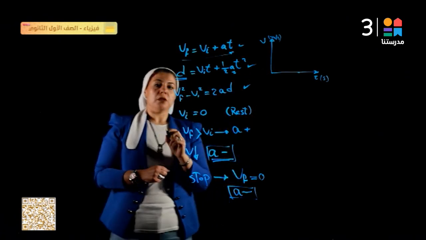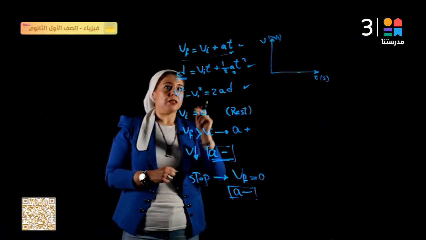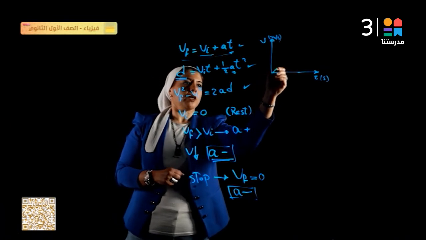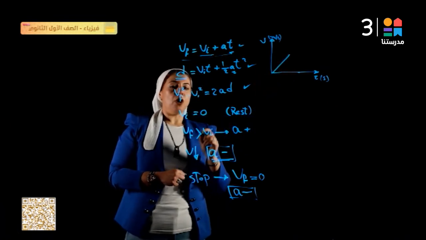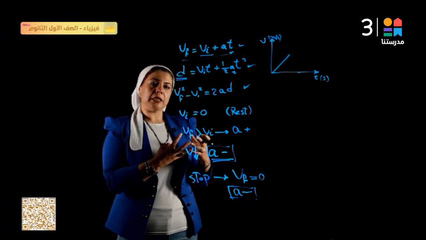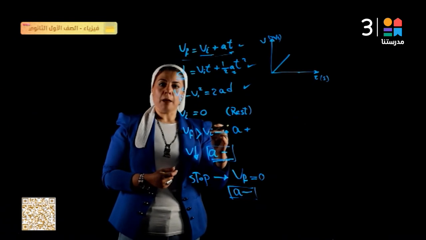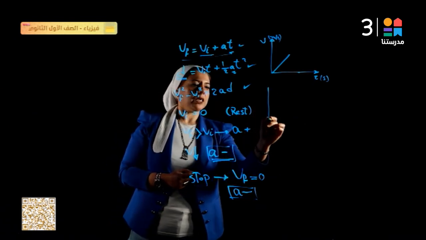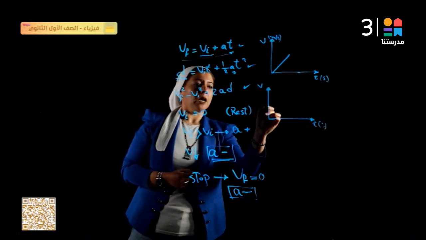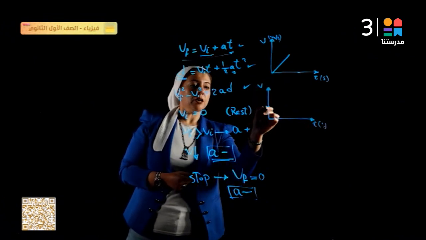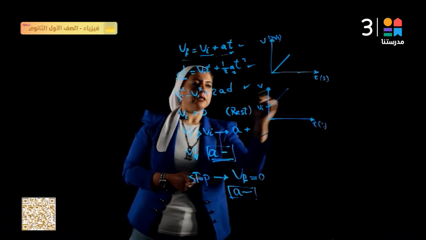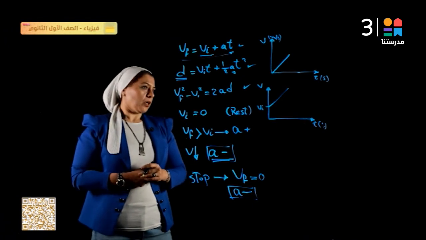We have two cases. When the object moves from static or from rest, we have V initial equals 0, so the graph is going to be in this way. In the other case, if I start studying the motion of the object not from the beginning but after it has already moved a bit, what will the graph look like? Here T is in seconds, and here V has a value, the cutting part from the y-axis, which represents V initial, and this is the shape of my graph.